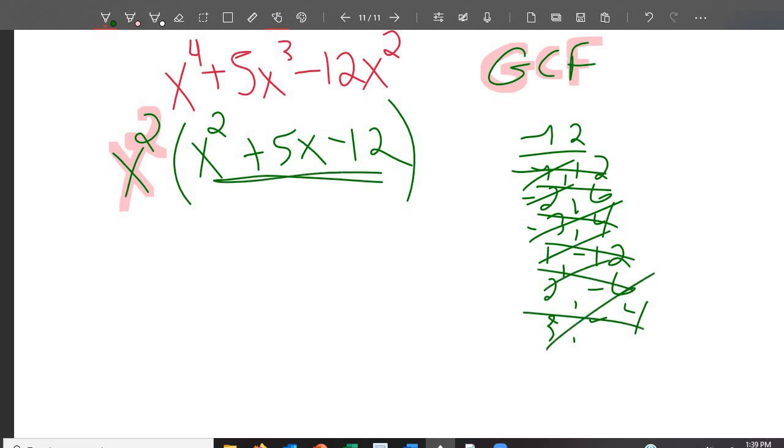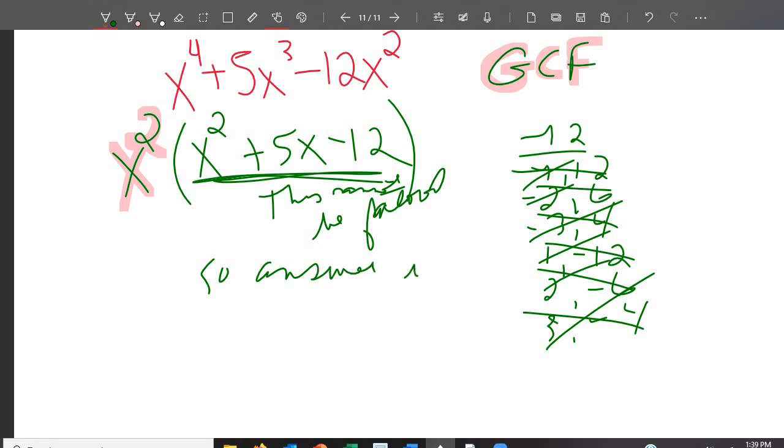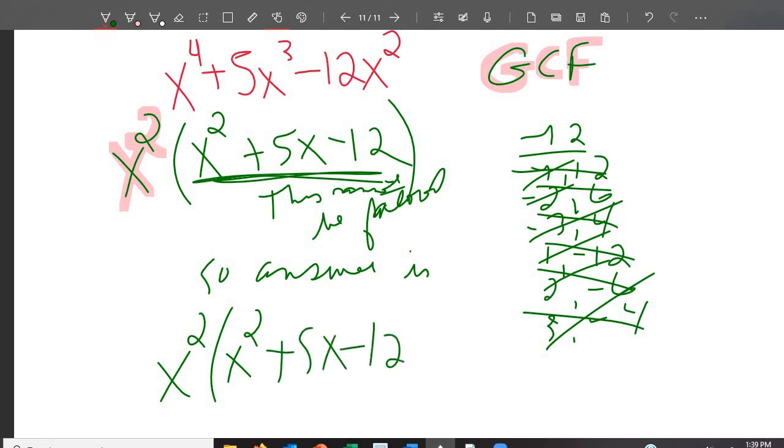I can't factor this trinomial. This cannot be factored. So the answer is x squared times (x squared plus 5x minus 12).